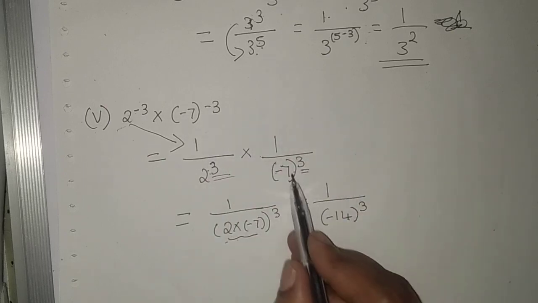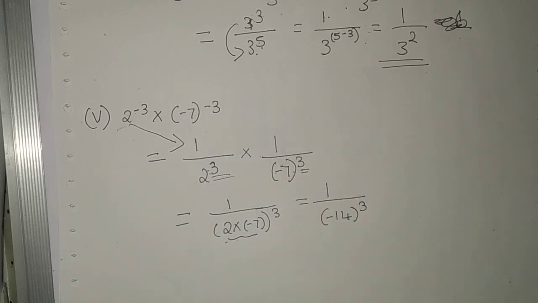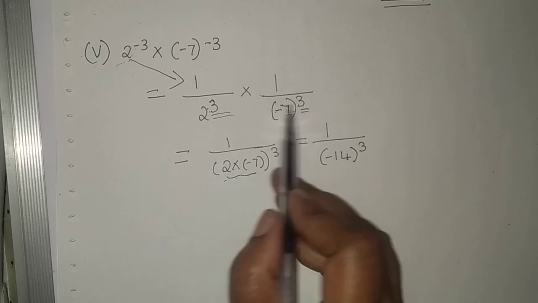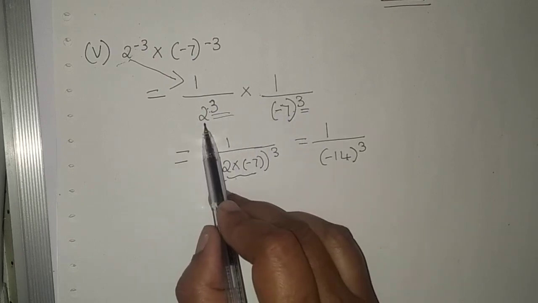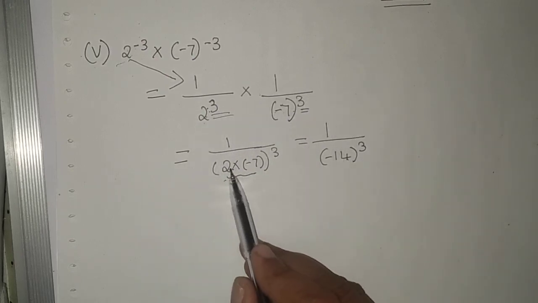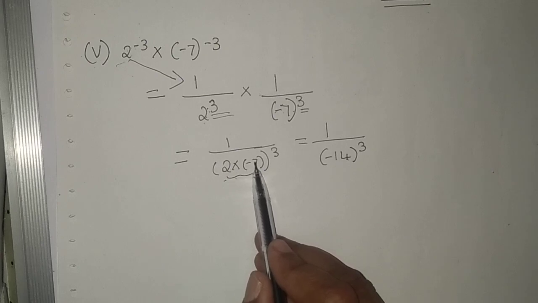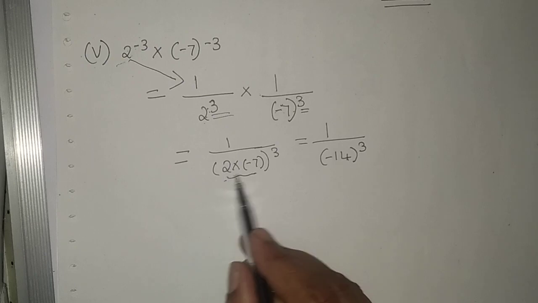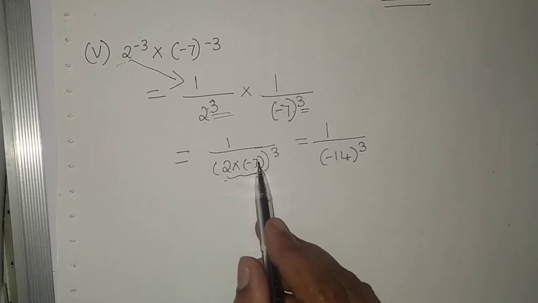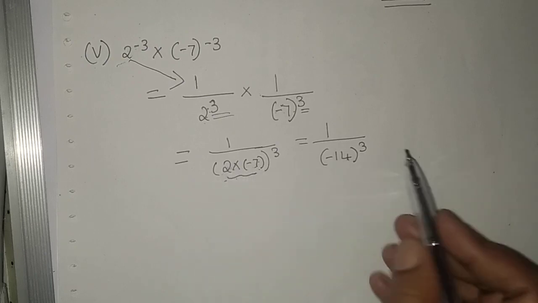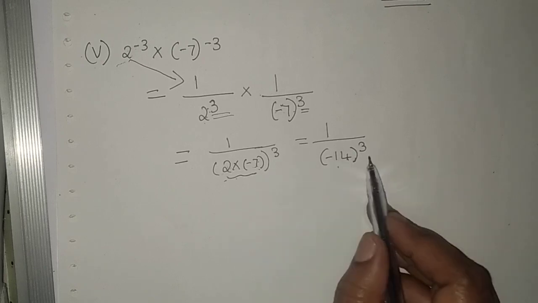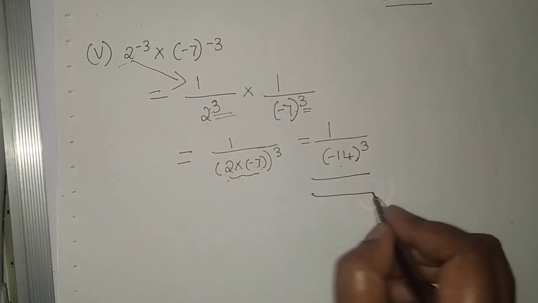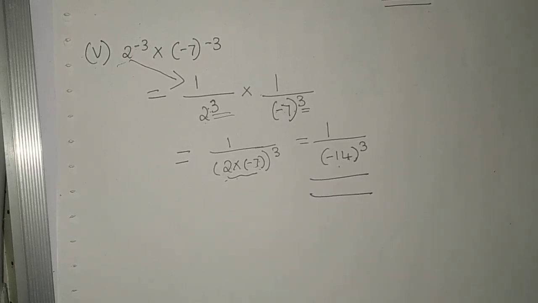This minus 3 will become plus 3 when it comes to the denominator. After this, the powers are same, we can take the base as 2 into minus 7 the whole cube. Powers are common here. So multiply these two bases, that is 2 into minus 7 is minus 14 to the power of cube as it is. So this is the result.